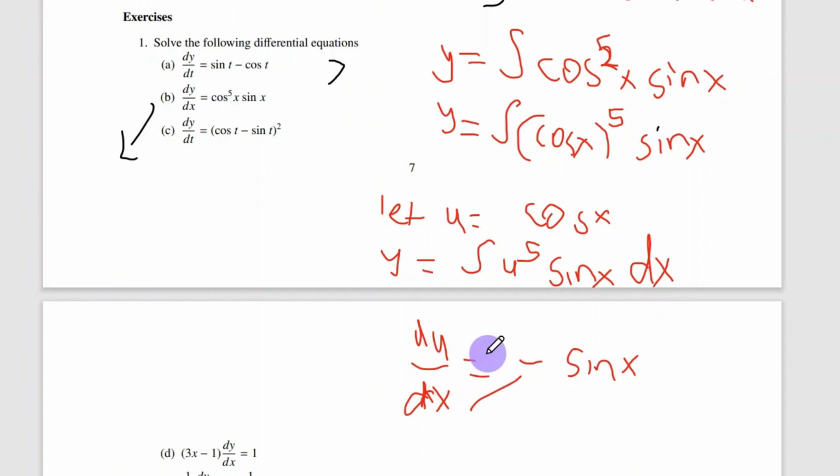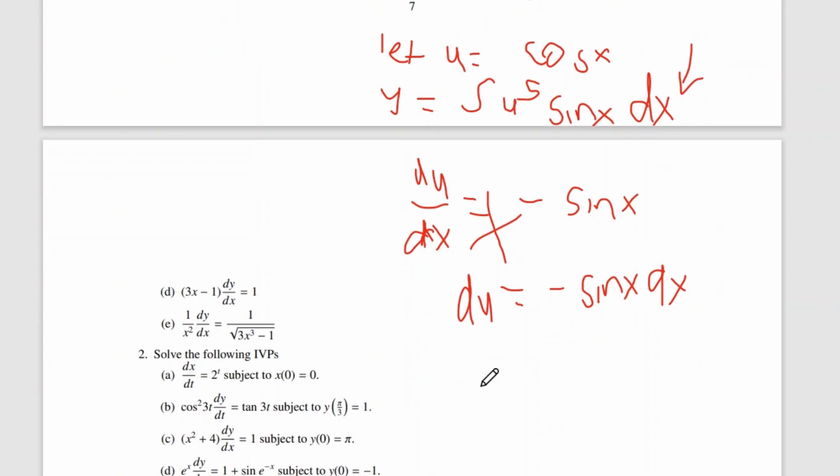So now cross multiplication, then du is equal to negative sin x dx. So now we have to look for dx so that we can put it here. So that will be dx is equal to du divided by negative sin x, right?